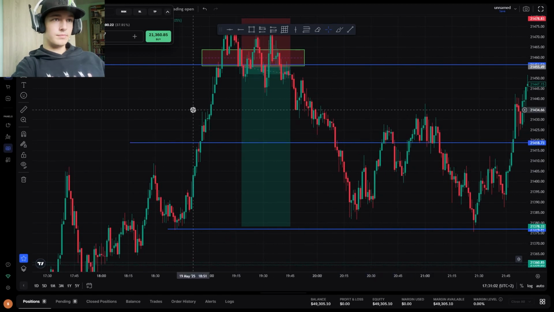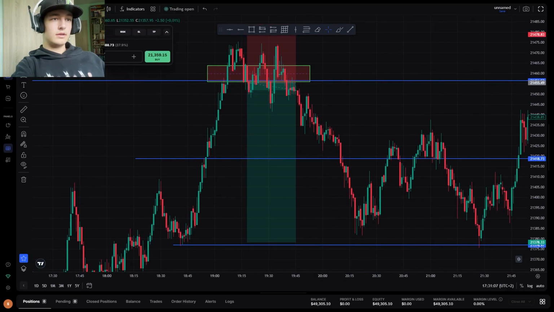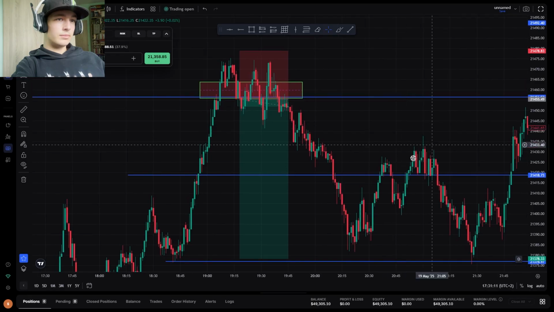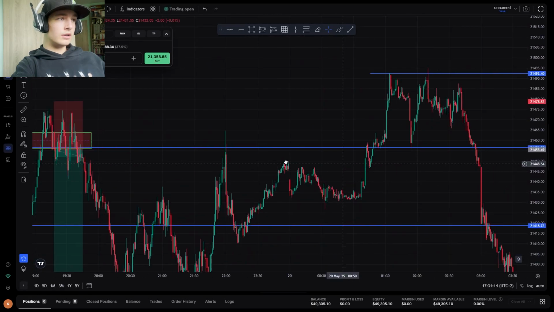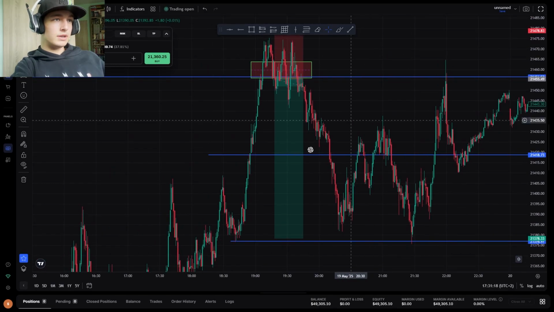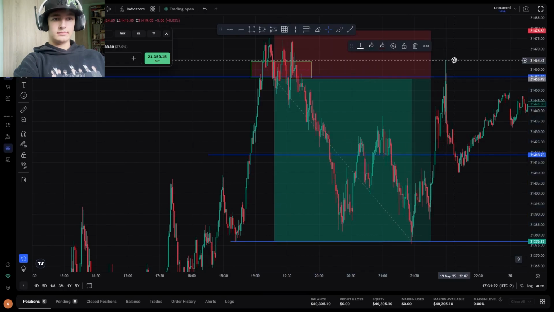That was like 3 days ago. But you had your fair value gap here, and then you saw some draws on liquidity. You could have had your take profit 1 here, take profit 2 here. Take profit 1 got hit, take profit 2 got hit, full TP hit, easy trade, 2.4R trade, easy as that.